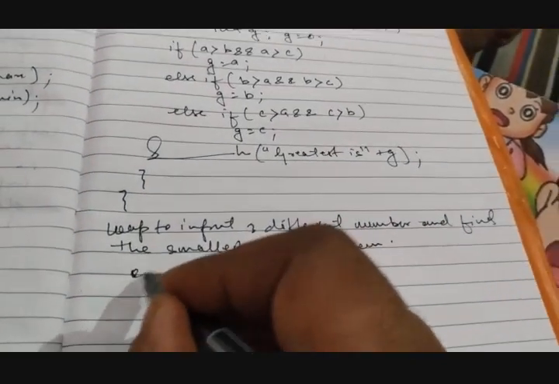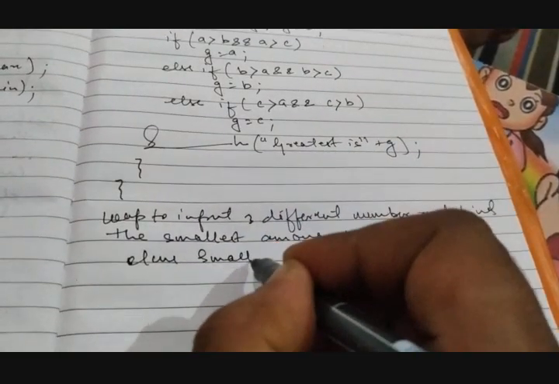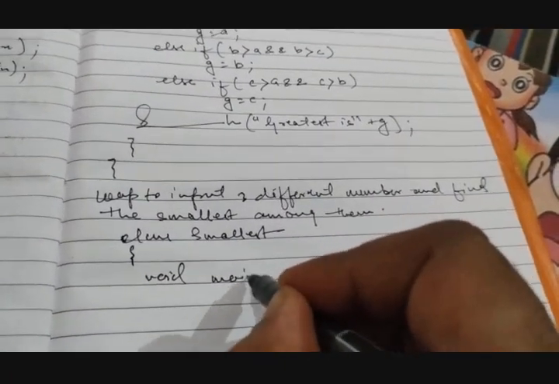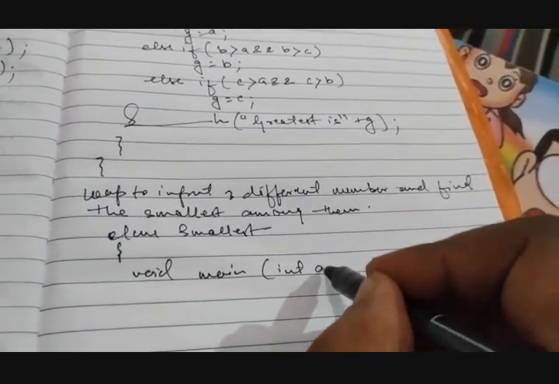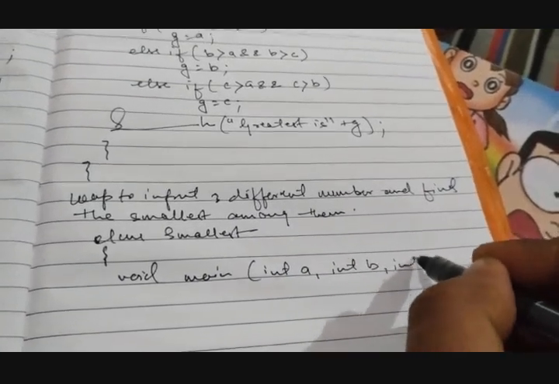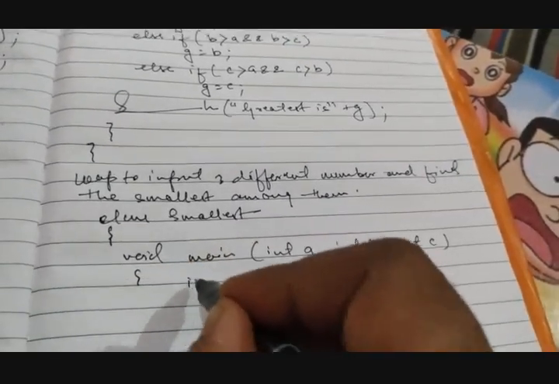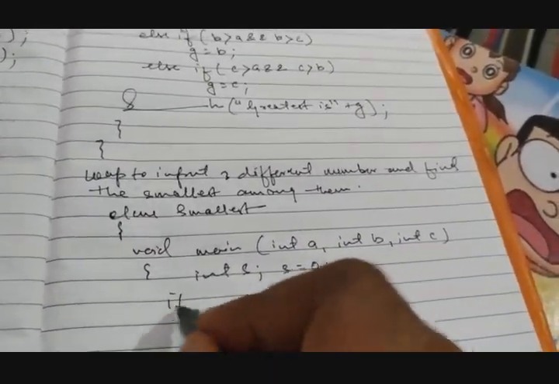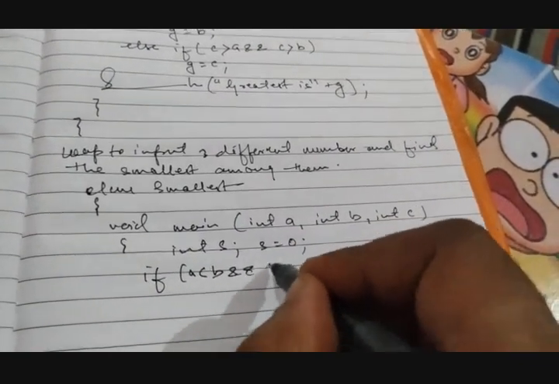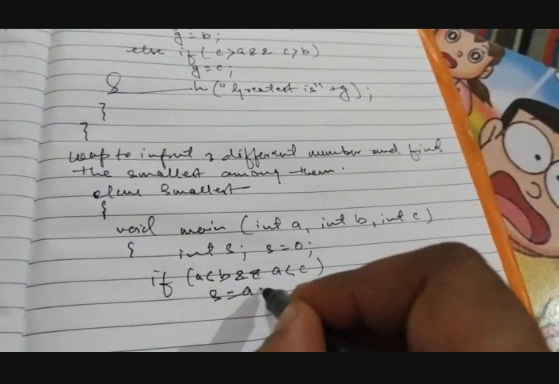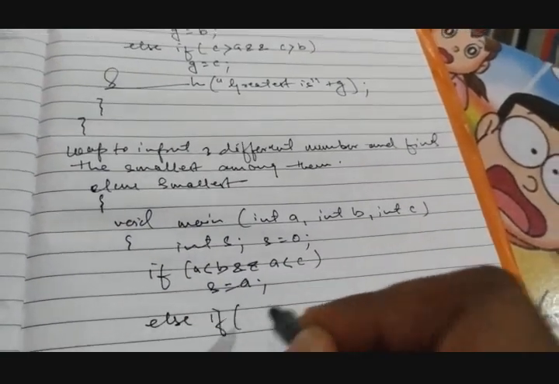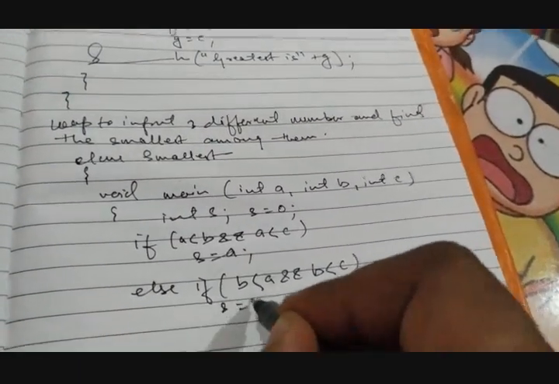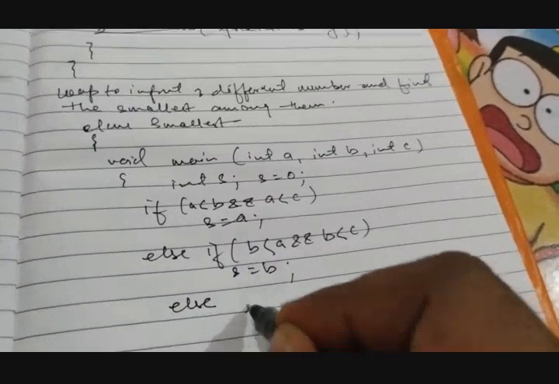So class smallest, void main, int a, int b, int c and int s, the smallest, equals 0. If a is less than b and a is less than c, then smallest is a, else if b is less than a and b is less than c, then smallest is b, else smallest is c.